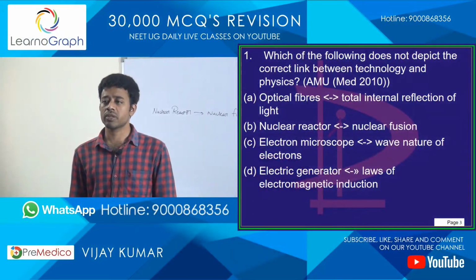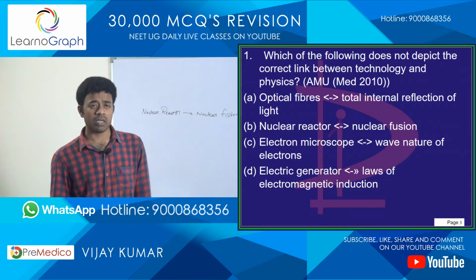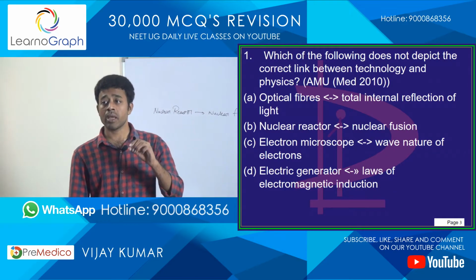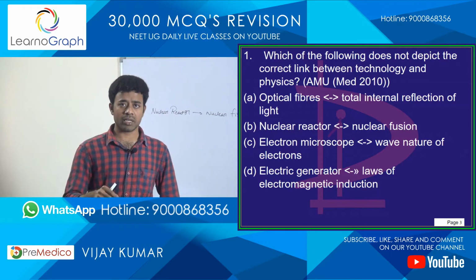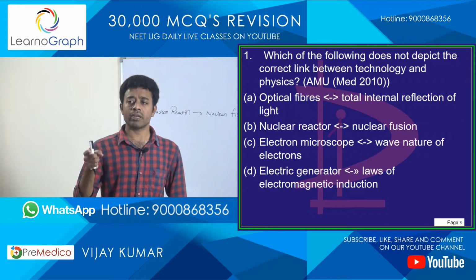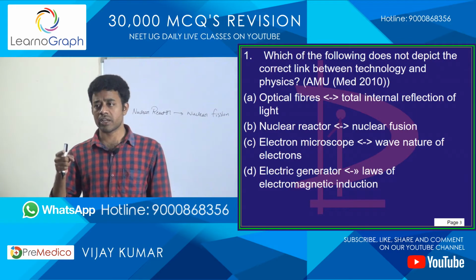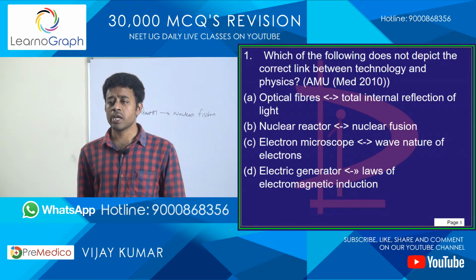Yes, it is. The electron microscope is used to magnify up to around 1 million times, so to magnify that much its wavelength should be very small. So the functioning of the electron microscope depends on the wavelength of electrons. Next, the electric generator depends on the laws of electromagnetic induction.